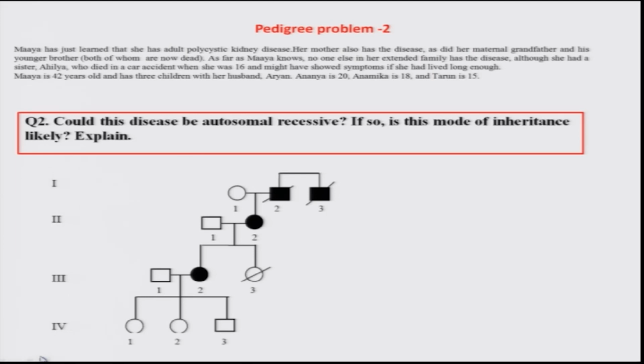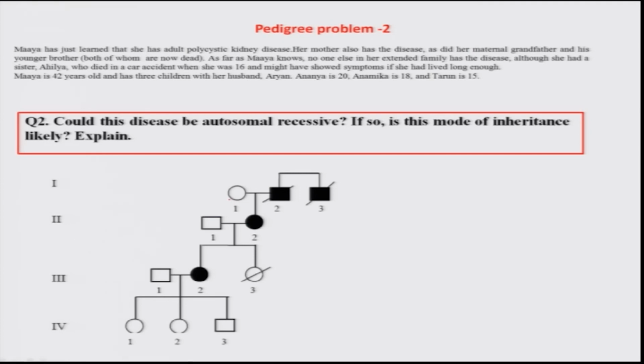But let us look into the possibilities through which we can explain that this mode of inheritance can also be autosomal recessive. If it is an autosomal recessive disorder, then if you see 2, 2, this person, to have the disease in 2, 2, 1, 2 should also be a carrier.